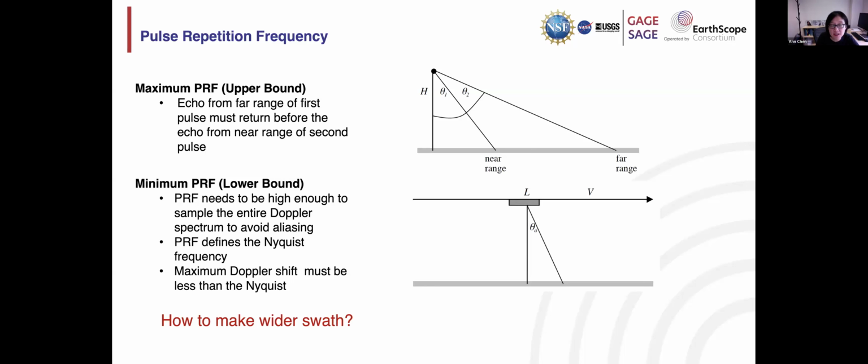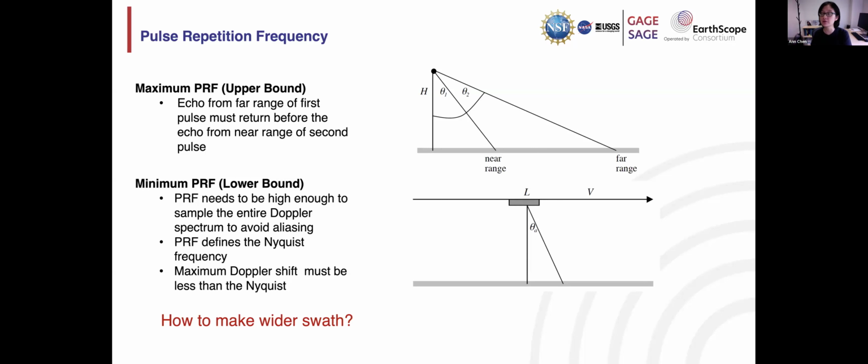There is also a minimum PRF, because when you're trying to sample the azimuth spectrum that covers the ground, the targets have different Doppler frequencies, since some are forward looking and some are backward looking with respect to the radar.